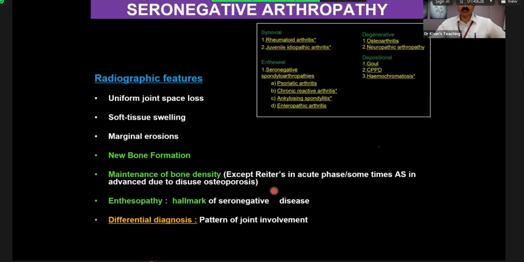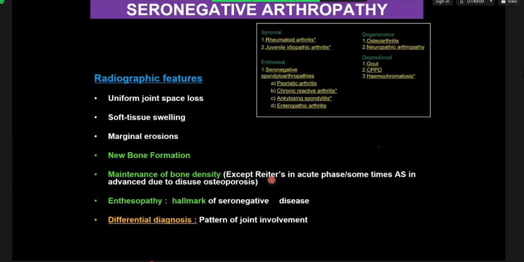And you remember the classical definition was urethritis, conjunctivitis, and arthritis. Later on, we discovered that CRA can also involve females, and for them cervicitis, as in inflammation of the cervix, replaces urethritis.